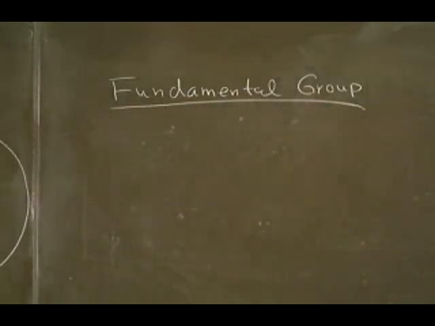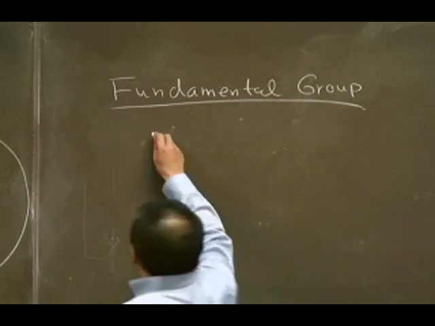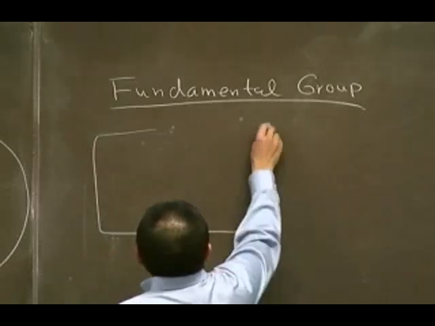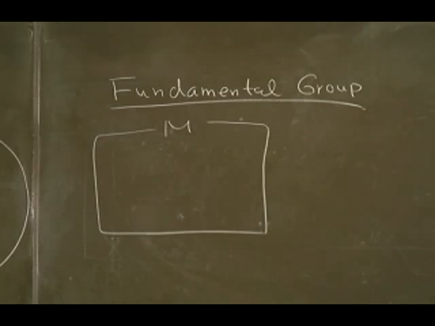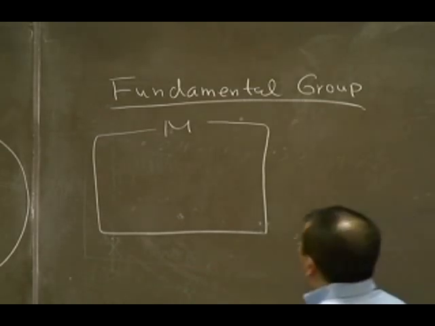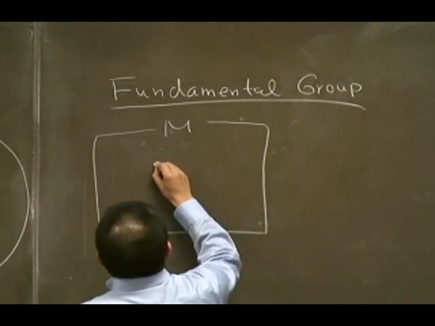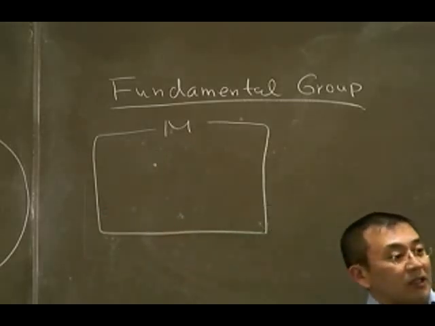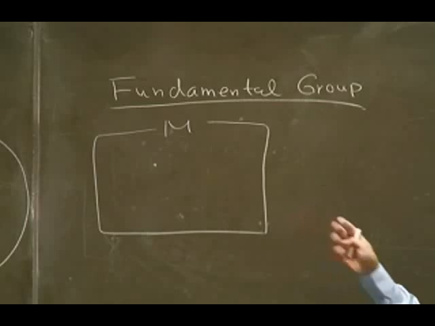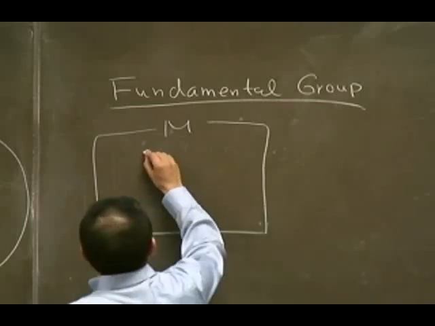Let me first define the fundamental group. So suppose this is a manifold M. It just has to be a topological space. It doesn't have to be a differentiable manifold. So this can be a topological manifold. Pick a point x0.